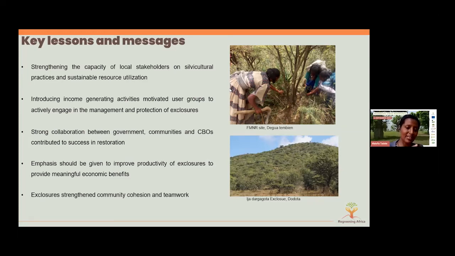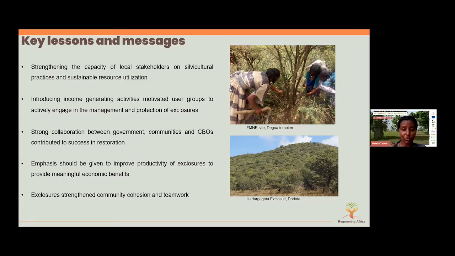Exclosures are also effective in restoring degraded lands. However, emphasis should also be given to improving the productivity of these exclosures to provide meaningful economic benefits to the local community and to enhance sustainability in the long term.